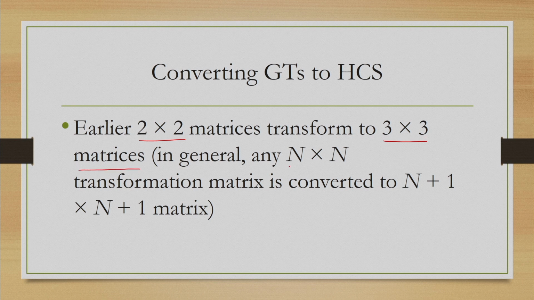In fact, in general, an n by n transformation matrix is converted to an n plus 1 by n plus 1 matrix. If we represent a 2D transformation using a 3 by 3 matrix, then we will be able to represent translation as well.